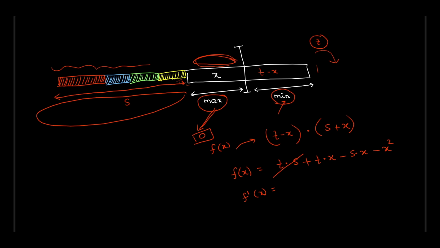So this is a constant, this goes away. Differentiation of this is t, differentiation of this is s, and differentiation of this is 2 into x, right? And then you can see that it will be maximized when 2x is equal to t minus s, or x is equal to t minus s by 2.